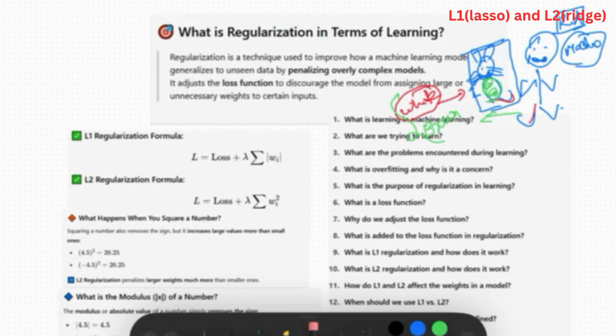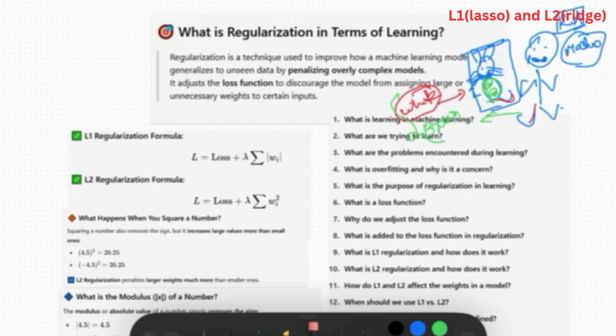It learned the data so well that whenever new data comes, it is not able to generalize. It was able only to learn the data as such. It memorized the pattern, so when it comes to new data, it was not able to generalize the pattern, which should not be the case.